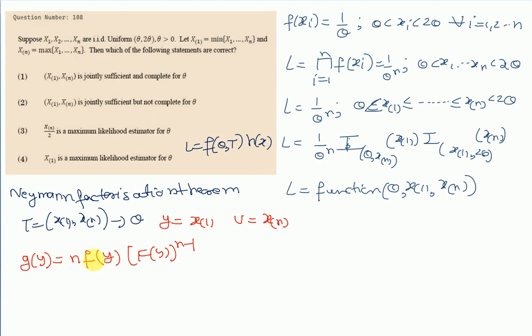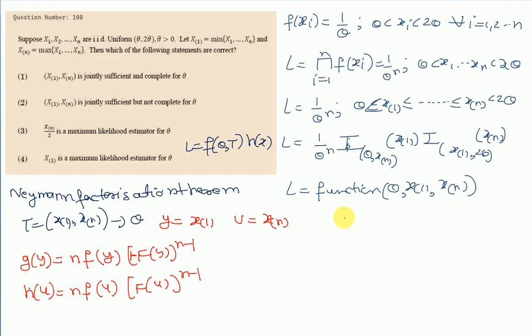Here small f is nothing but the density function of the initial random variable x, and capital F is the distribution function of the initial random variable x. And h of u can be written as, sorry, here 1 minus F of y should be written. Here n f of u times F of u raised to power n minus 1.